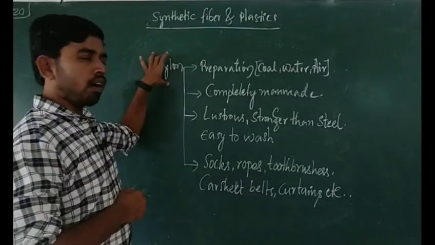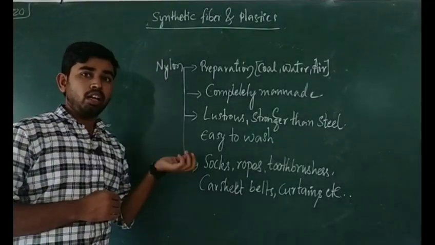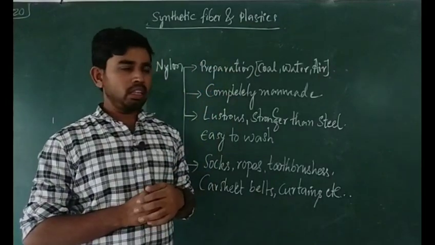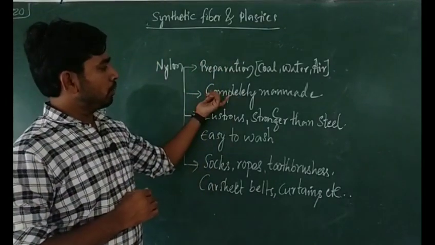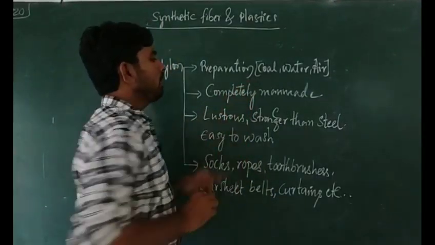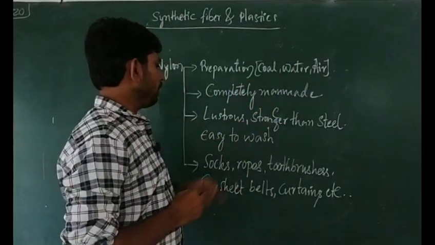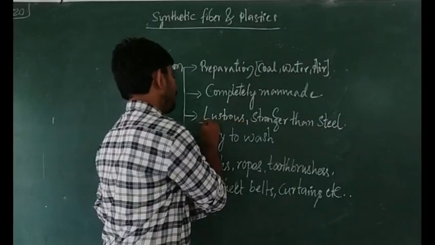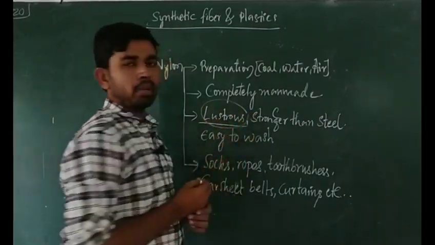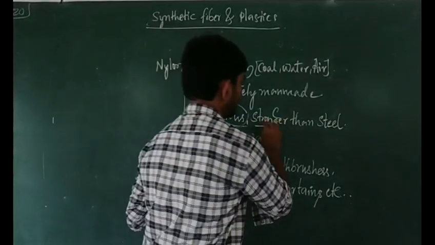Nylon is a very strong synthetic fiber. It's flexible and has more longitudinal strength. It is a completely man-made synthetic fiber. What are the properties of nylon here? It is lustrous, it means it has a shining property, and it is stronger.